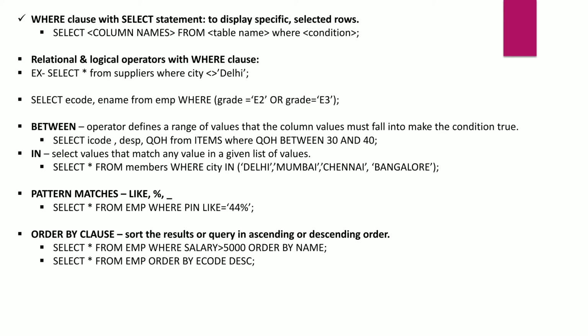In this condition, you can apply relational operators or logical operators. With the help of these, you can set the condition. Relational operators are used for comparison, true or false, and the logical operators AND, OR and NOT are used to connect search conditions in the WHERE clause.